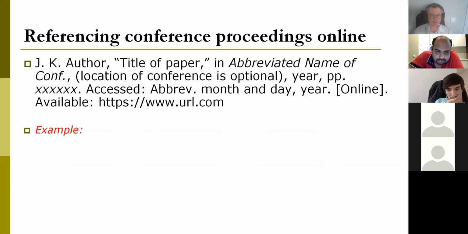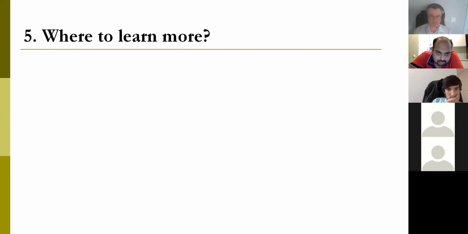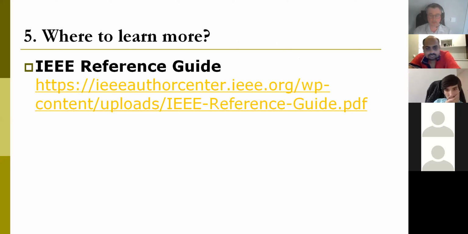Referencing online follows the same procedure. Please don't forget to specify the access information, month, year, the word online, and the URL where the source is available from. This is the link to the IEEE reference guide. As I said, I will put it up on Moodle and into the Telegram group.